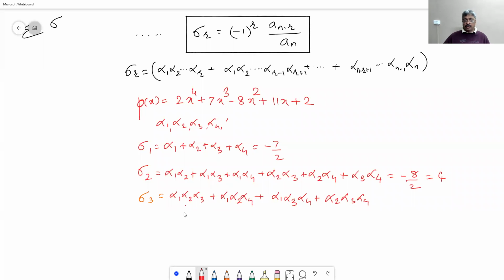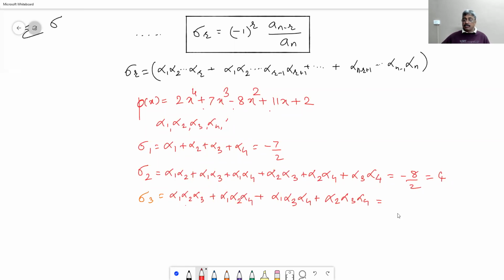Out of 4, you are supposed to choose 3, therefore there are 4 terms. Here, out of 4 you are supposed to choose 2, therefore 4 choose 2 is 6 terms. Out of 4, 1, therefore 4 terms. So you will be aware how many terms are going to be there.